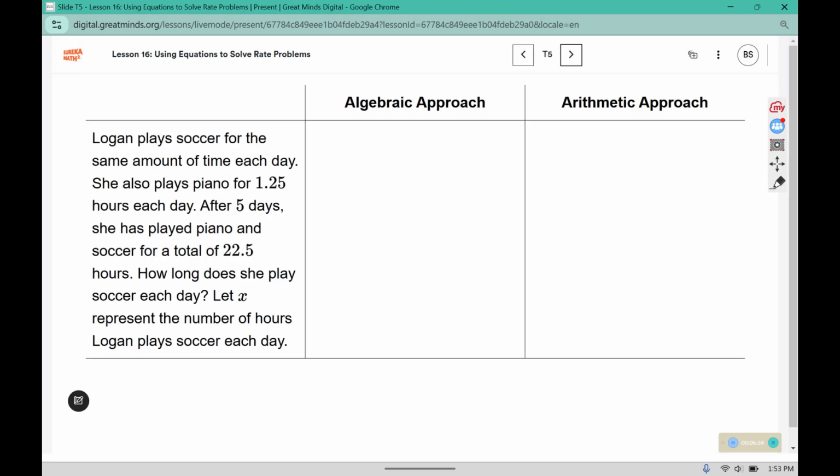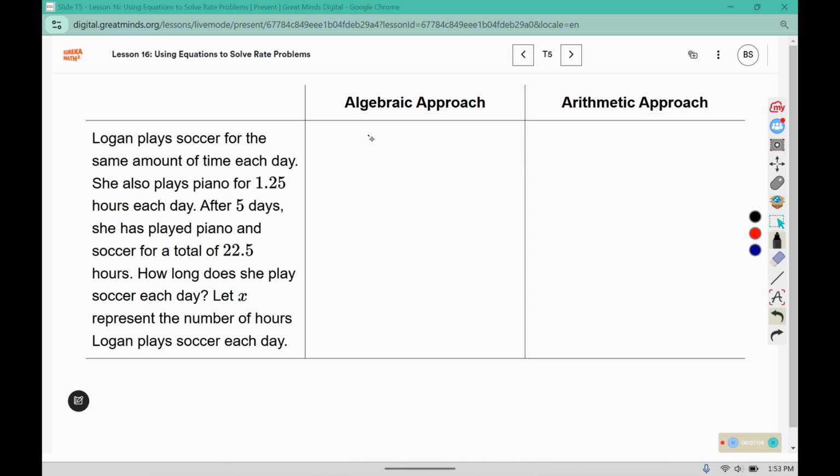And the third one. Logan plays soccer for the same amount of time each day. She also plays piano for an hour 0.25 each day. After 5 days, she has played piano and soccer for a total of 22.50 or 22.5 hours. How long does she play soccer each day? Let X represent the number of hours Logan plays soccer each day.